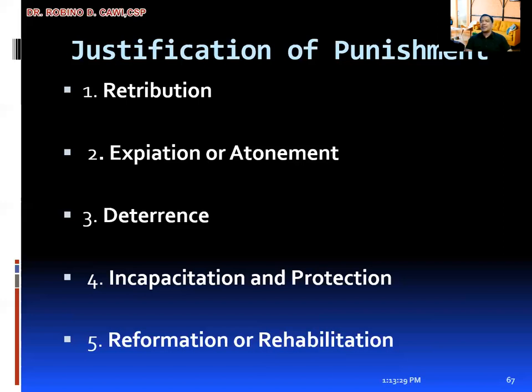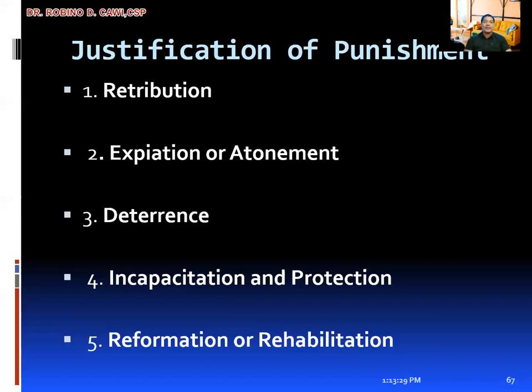We have the positivist theory by the group of Italians, Cesare Lombroso, Enrico Ferri, and Raffaele Garofalo, who believed that an offender should not be punished, but rather should be reformed or rehabilitated. It should not be punishment, but rather a form of treatment, because these offenders are considered sick individuals.